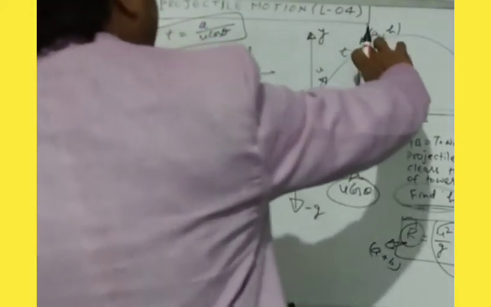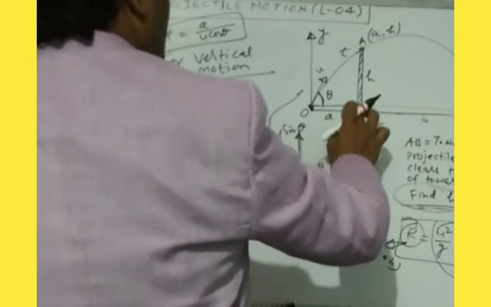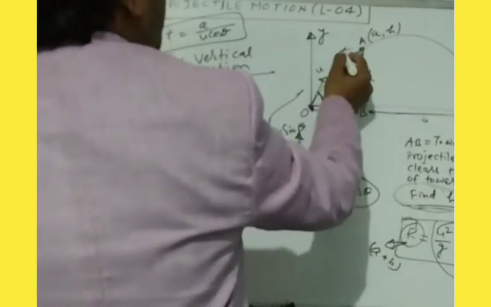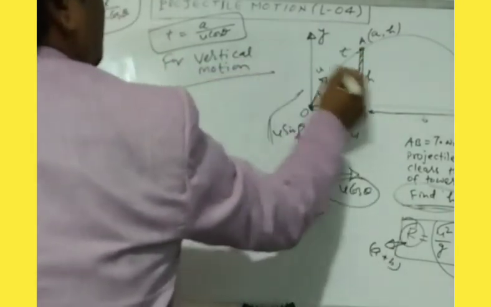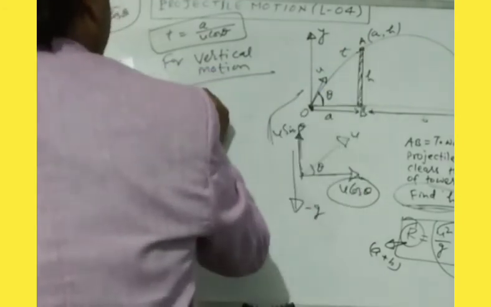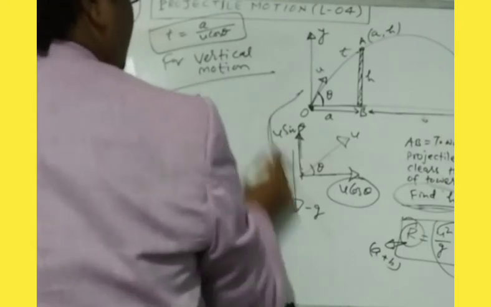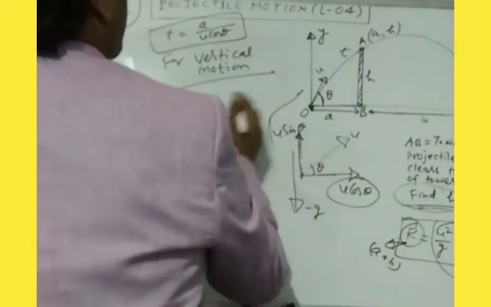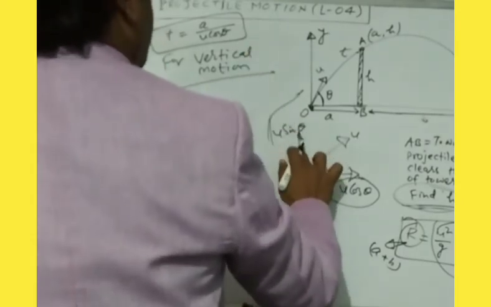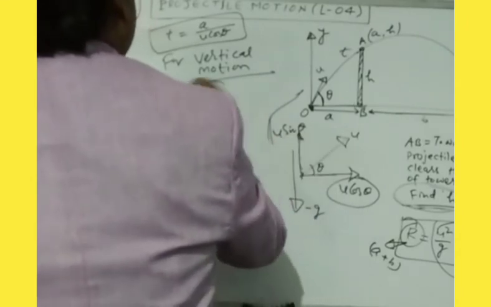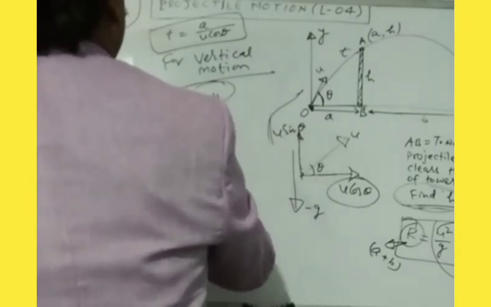Okay dear. So you know the displacement in time t is h, you know the acceleration minus g, and you know the initial velocity u sin theta.